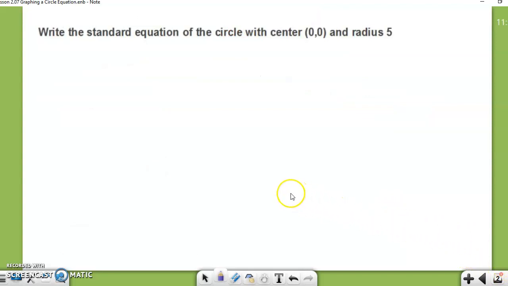We're going to write the standard equation of a circle with a center at 0, 0 and a radius of 5. Remember, our form is (x minus h) squared plus (y minus k) squared equals r squared. So my center is h and k, and my r is 5.